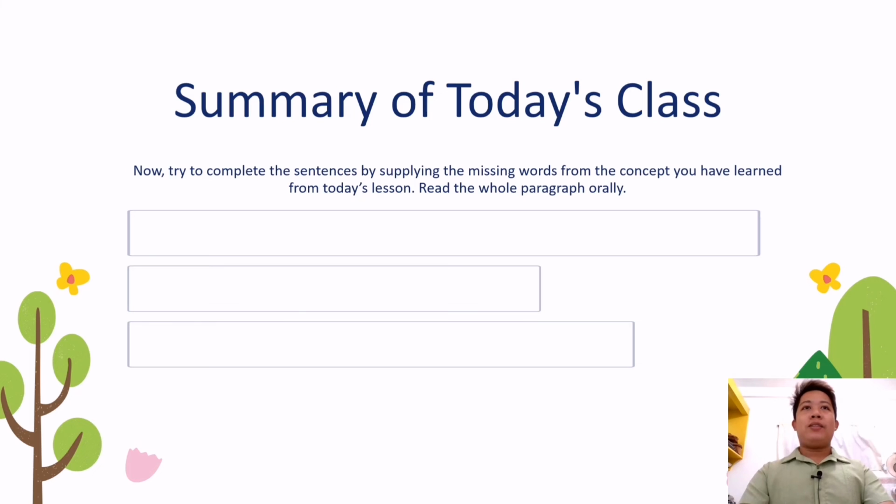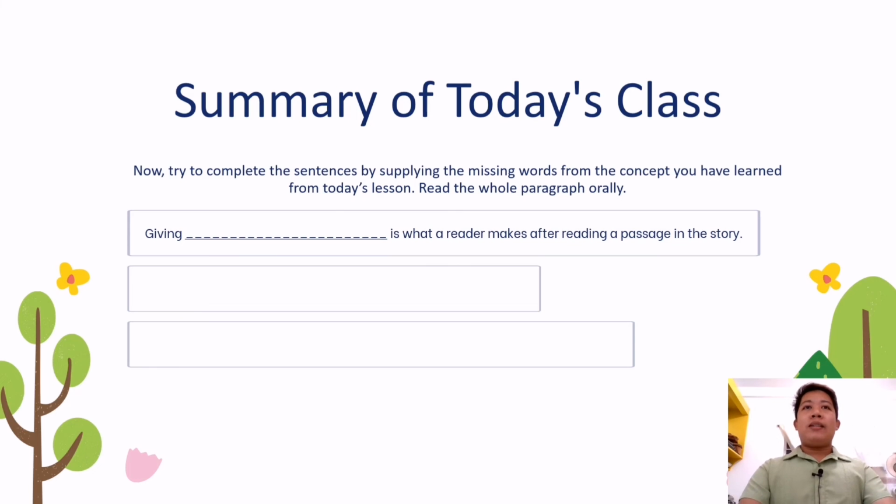Finally, to summarize our lesson, let's try to complete the sentences by supplying the missing words from the concept you have learned from today's lesson. Then read the whole paragraph orally. Giving blank is what a reader makes after reading a passage in the story. Very good.